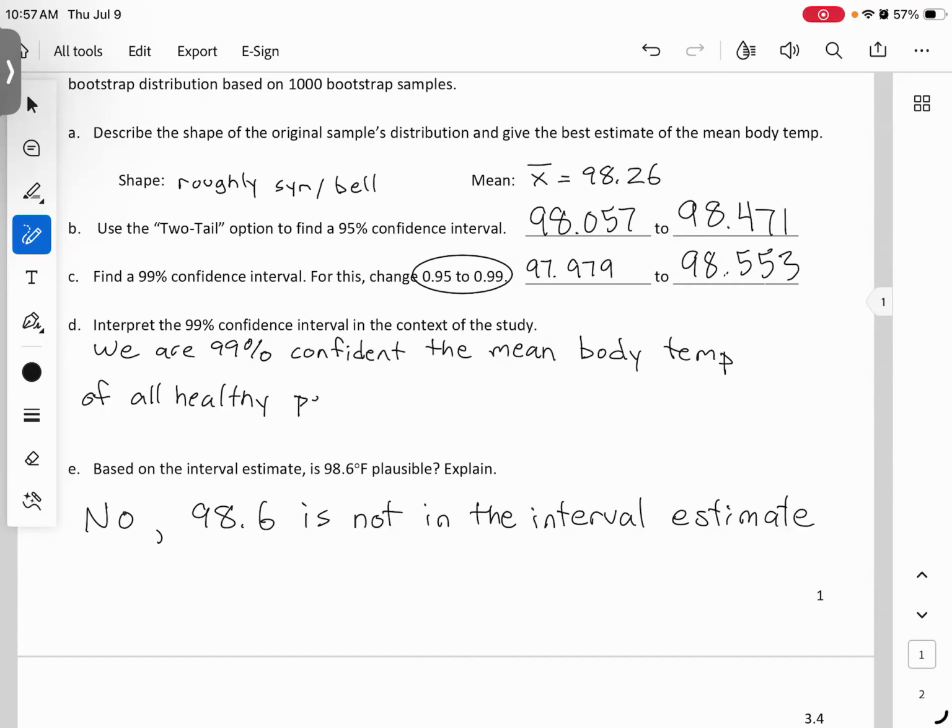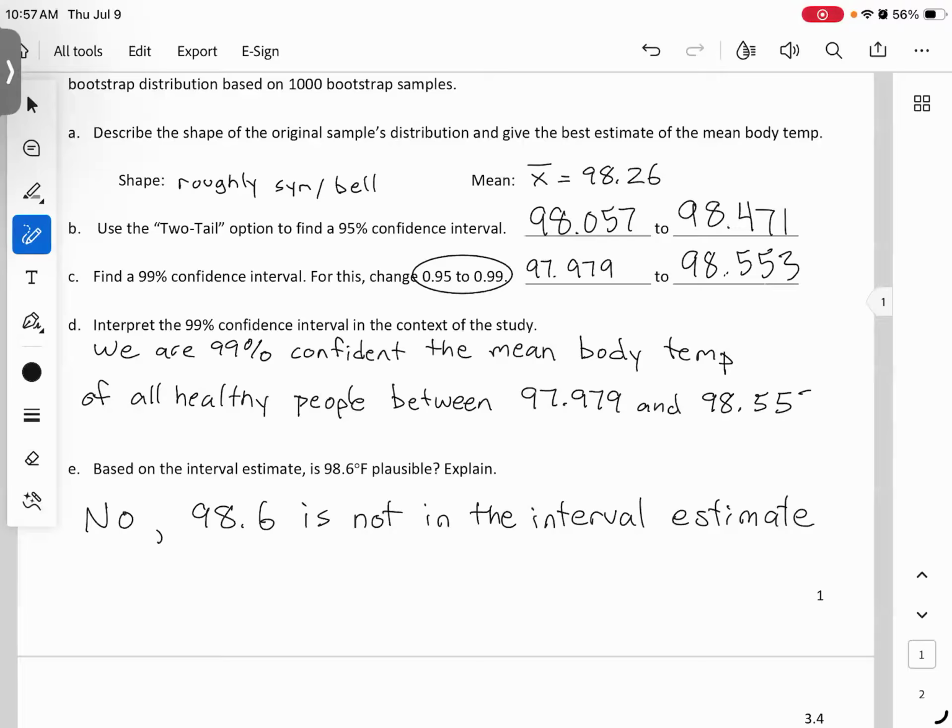And again, you're not required to put the word all, but I don't think it's a bad idea, since this was not just about the 50 people. The 50 people were used to try to give us an idea about all healthy people.